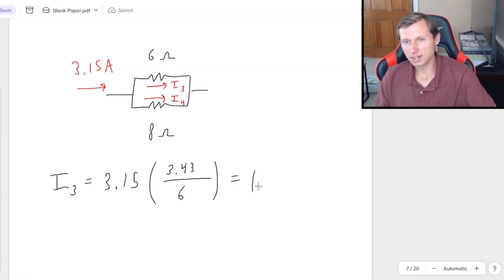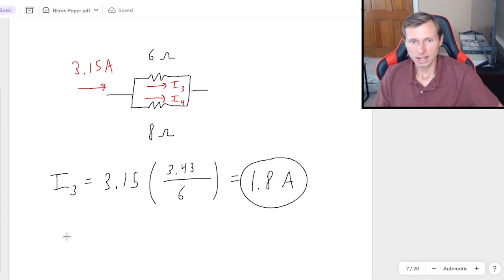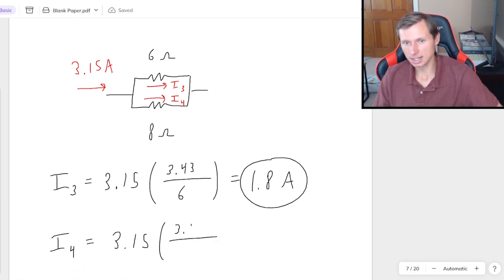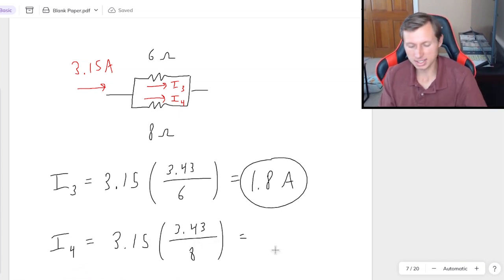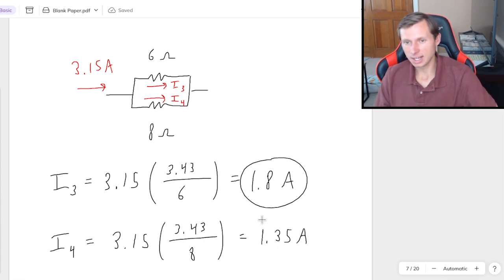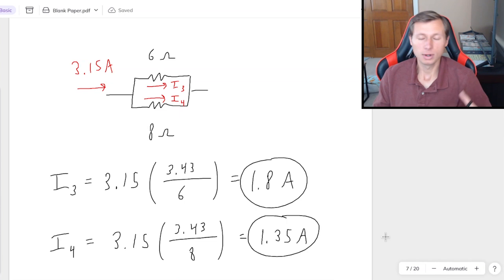Plugging that in a calculator, and we'll get 1.8 amps. And then finally for I4, it's just the same math, but replacing the 6 with an 8 in the denominator. And I plug this in a calculator, and we'll get 1.35 amps. And there we go. We found all the currents for this one, and so we're done with the problem.